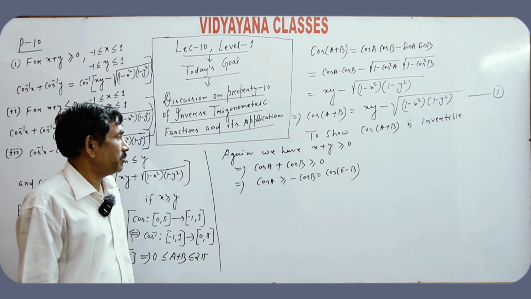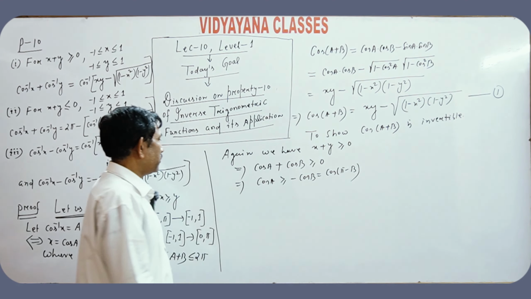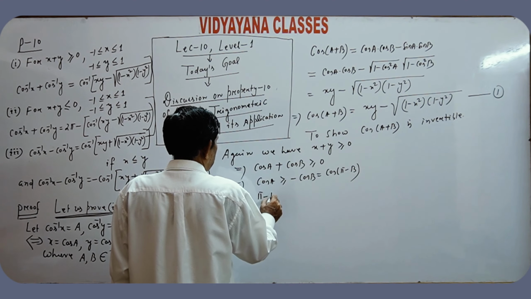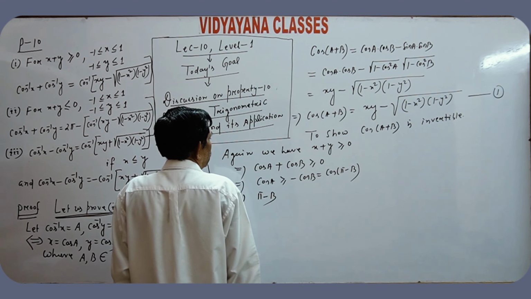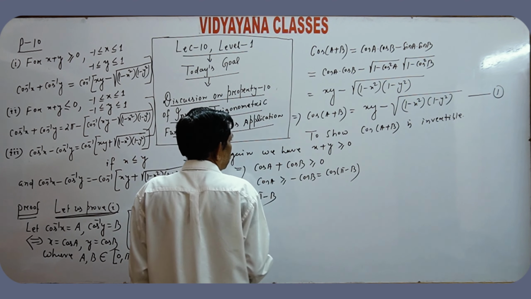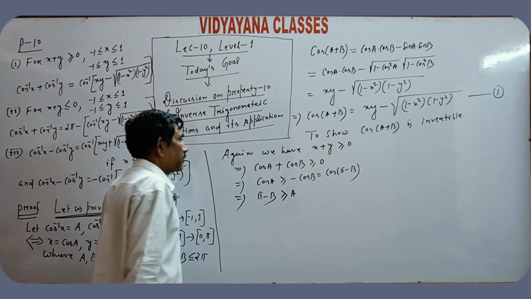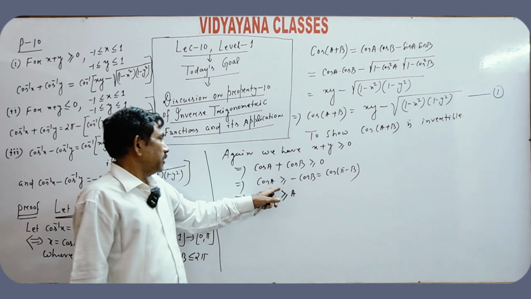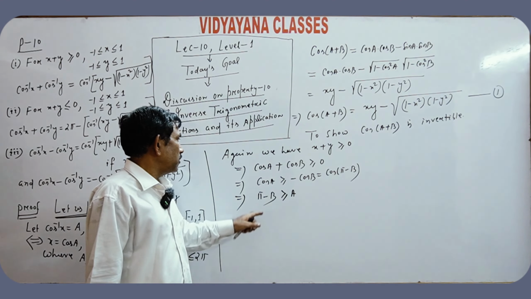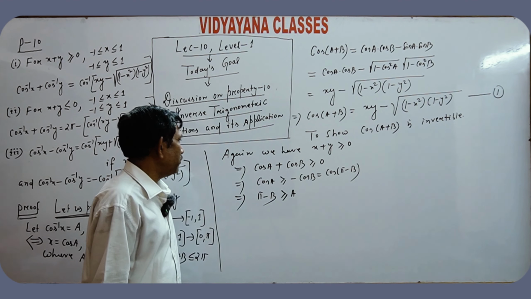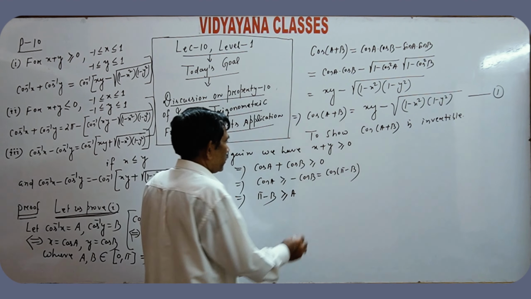Cos(pi minus b) is equal to minus cos b, which implies pi minus b greater than or equal to a. Cos a is greater than or equal to this, pi minus b greater than or equal to a.